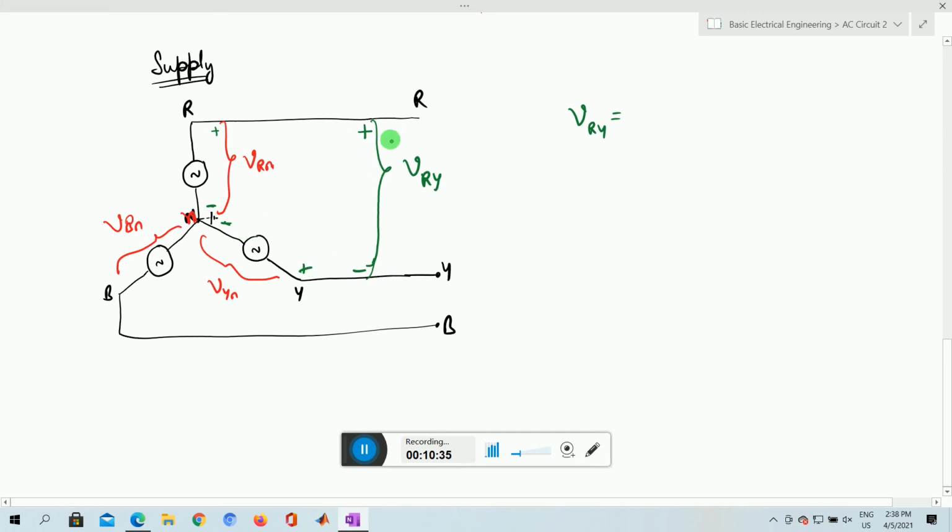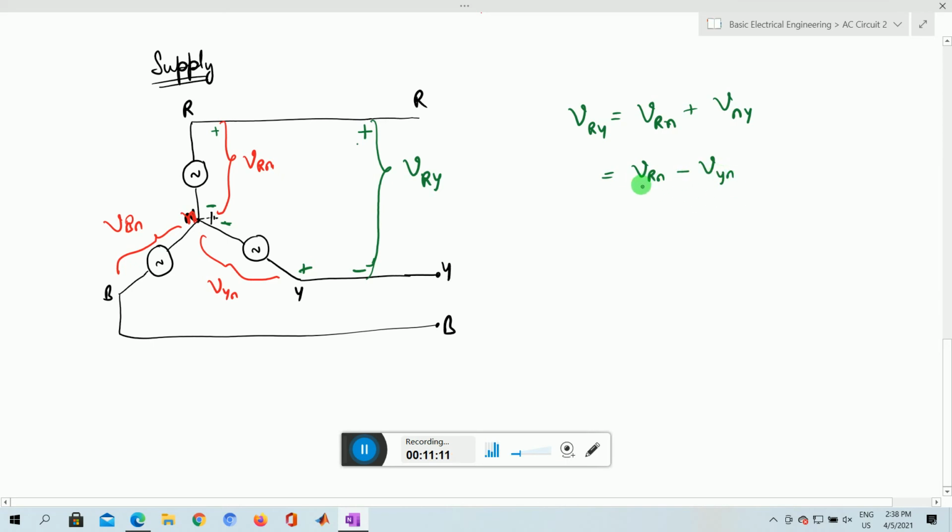When you take a KVL, if you move in this direction, the first encounter is plus, then you move this way, it will be like YN, and we can draw it like this. Or we can say VRY is equal to the potential of R with respect to N plus the potential of N with respect to Y. Also we can write this as VRN minus VYN.